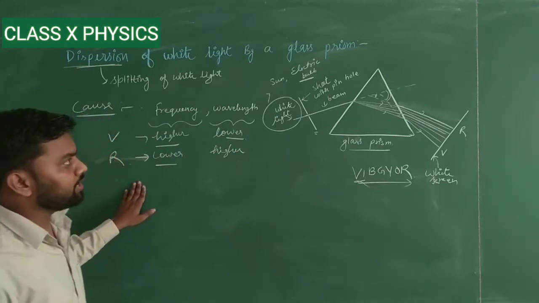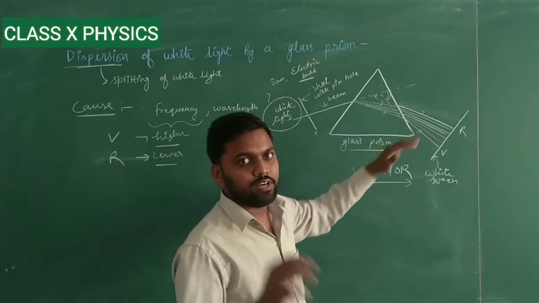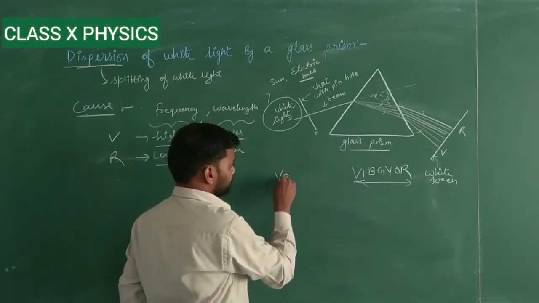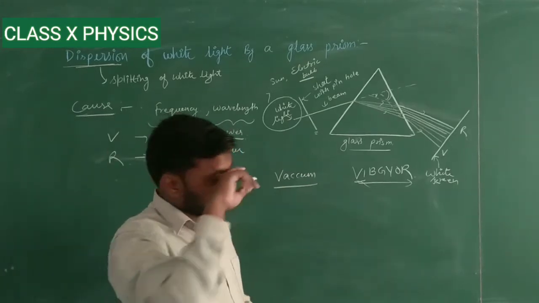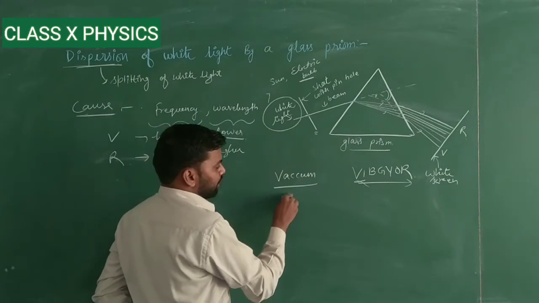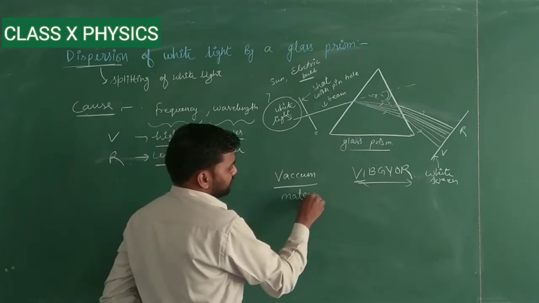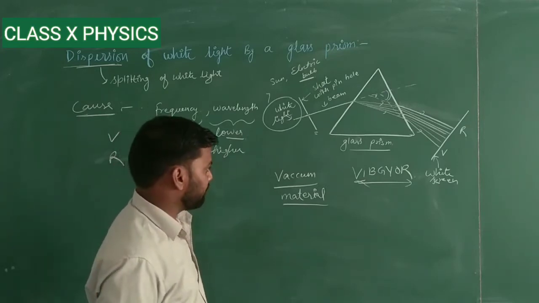Now what is happening here is that light has the same speed in vacuum, but whenever it goes through any material, the speed of light changes.